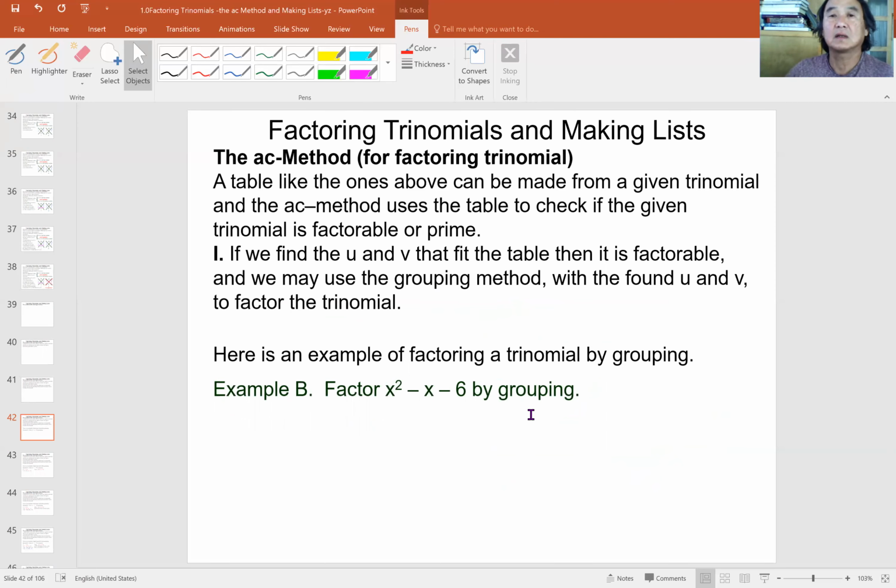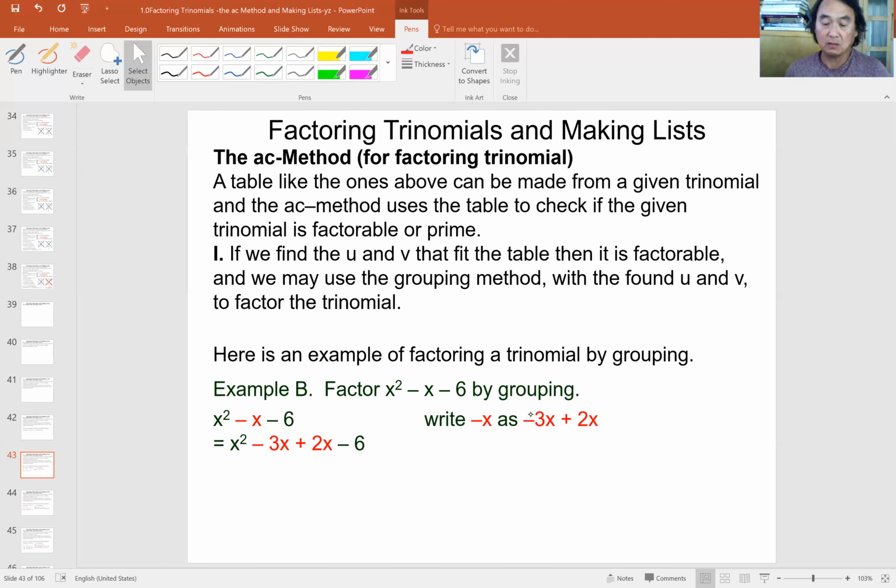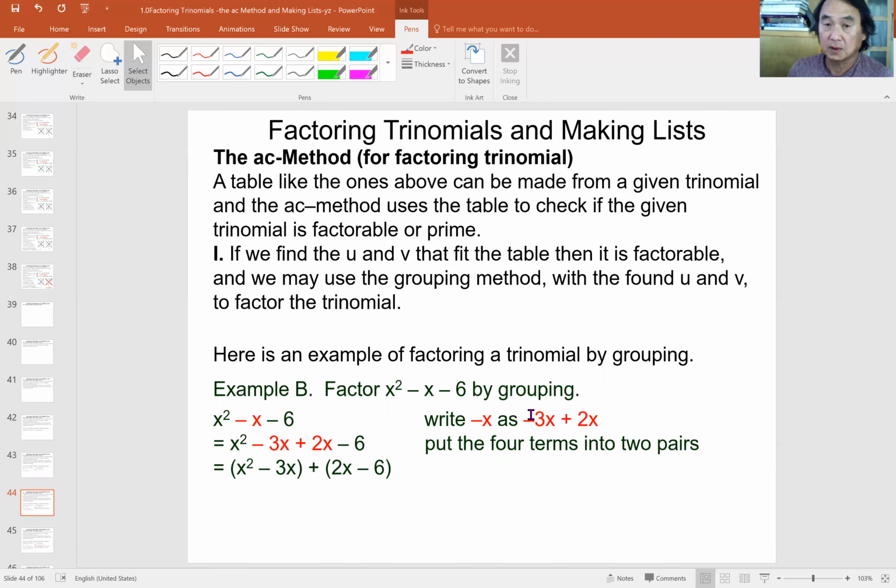The AC method is not a guessing method, it's an algorithm, step by step, and it will give you the answers at the end. So what we're going to do is write minus x as minus 3x plus 2x. Okay, it's very straight. This is the rabbit that we're pulling out of our hat. And you say, so what? Well, then we're going to group these four terms into two groups.